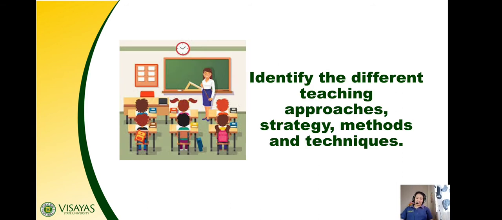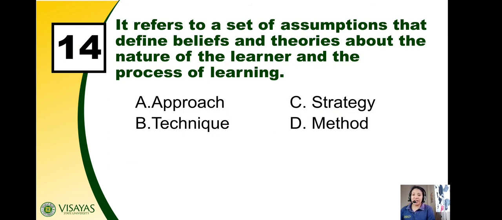Next objective. Identify the different teaching approaches, strategies, methods, and techniques. So, nandito na tayo in teaching. So, question number 14. It refers to the set of assumptions that defines beliefs and theories about the nature of the learner and the process of learning.